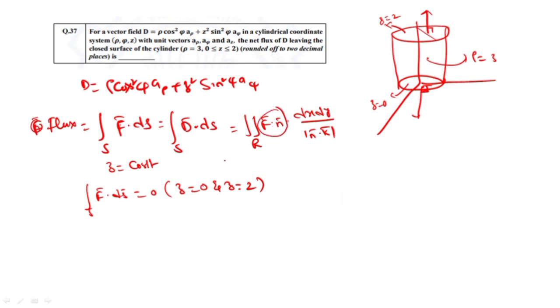So for the cases of z equal to 0 and z equal to 2, the flux will be 0. We have only the region rho equal to 3 remaining. In that case ds will be taken as rho dz d xi.